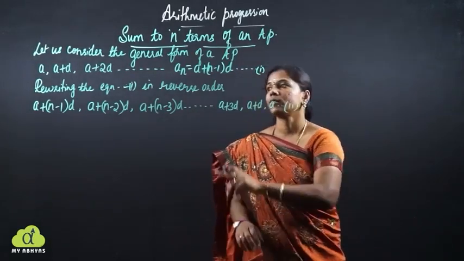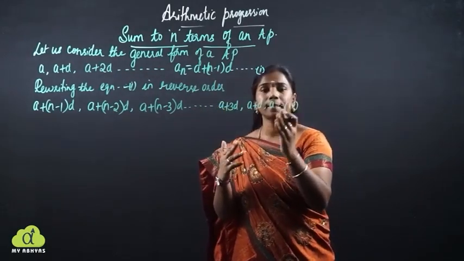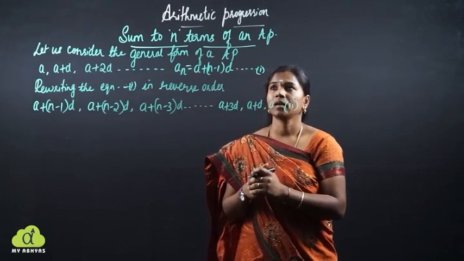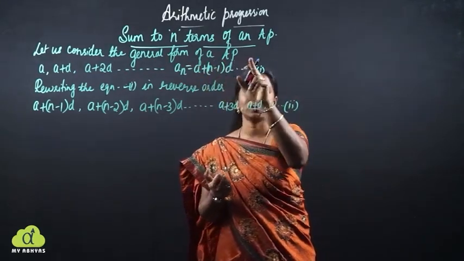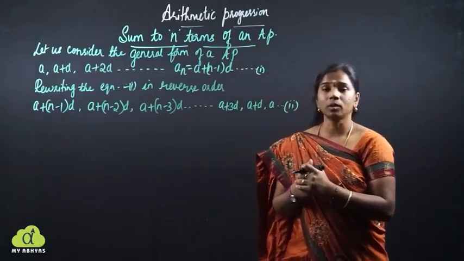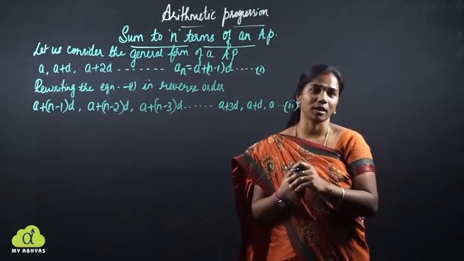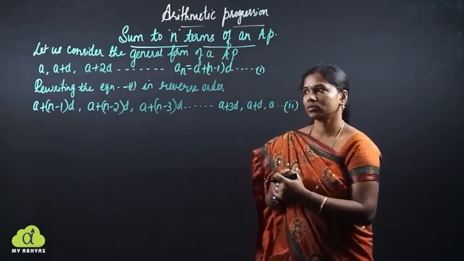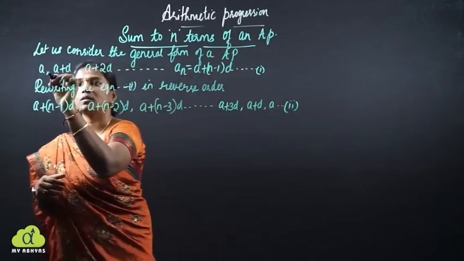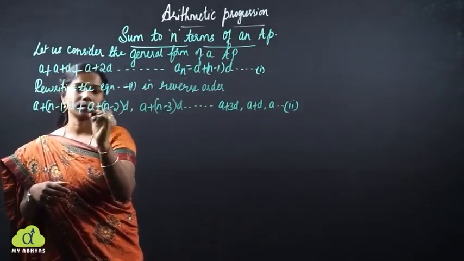First we wrote the general form of an AP and second time we wrote the reverse order. I have given the heading as sum to n terms of an AP. Sum to n terms means we have to introduce the plus sign between the terms. So this becomes an arithmetic series. What is the meaning of series?